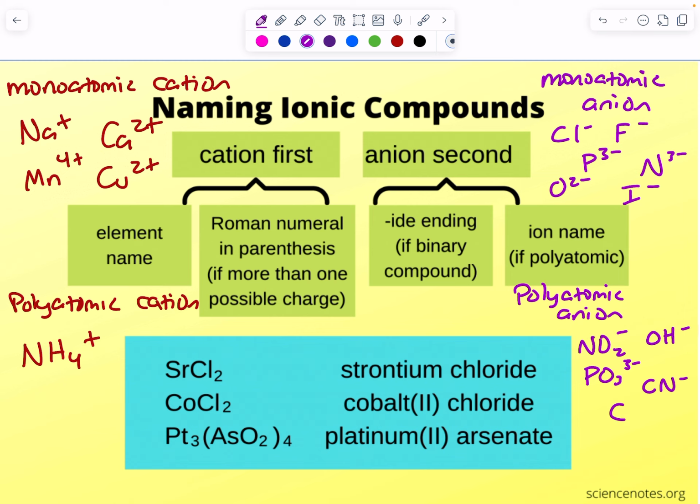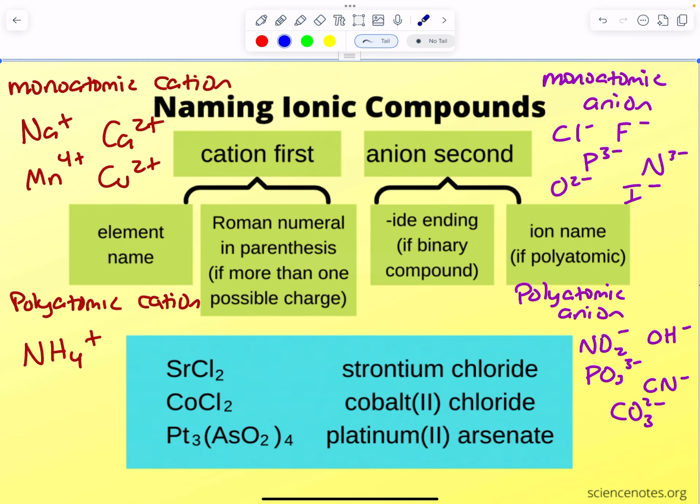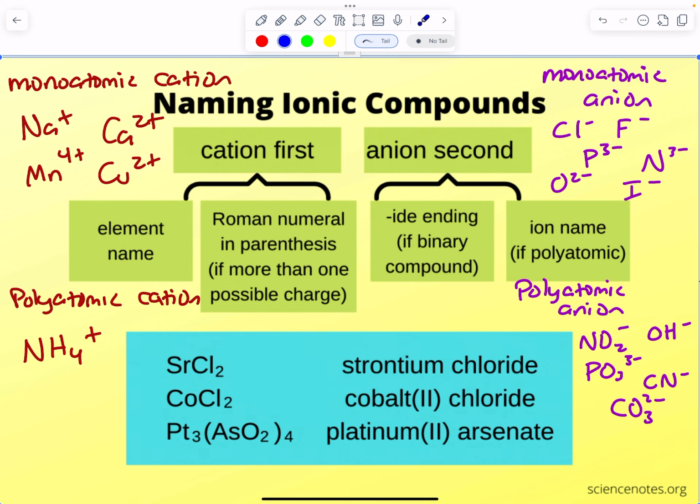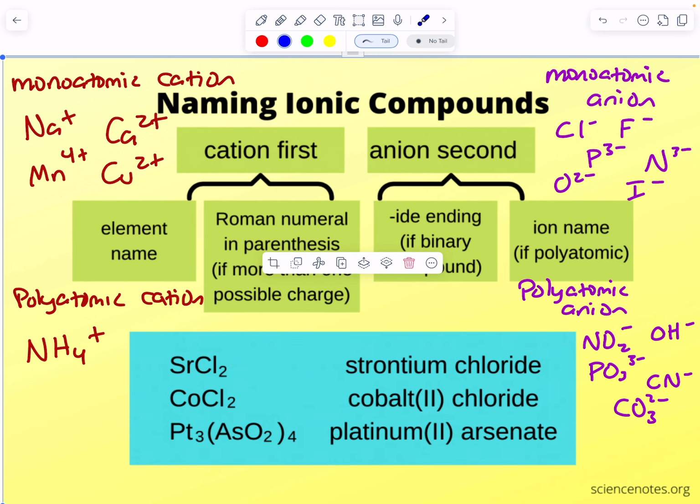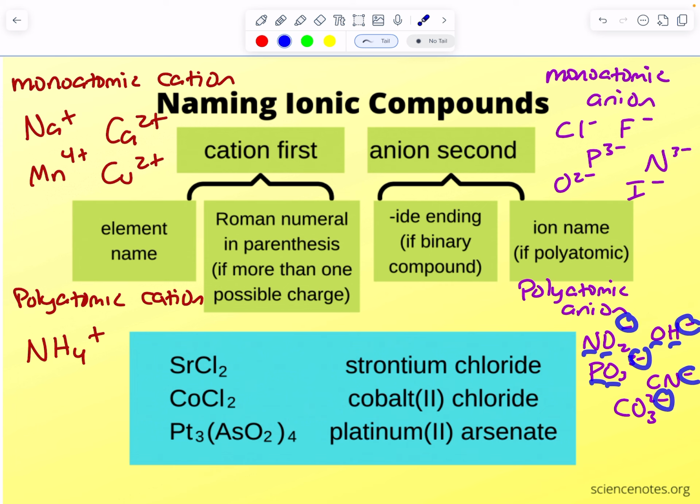This is carbonate. So all of these are polyatomic anions because they have multiple atoms and they have a negative charge.